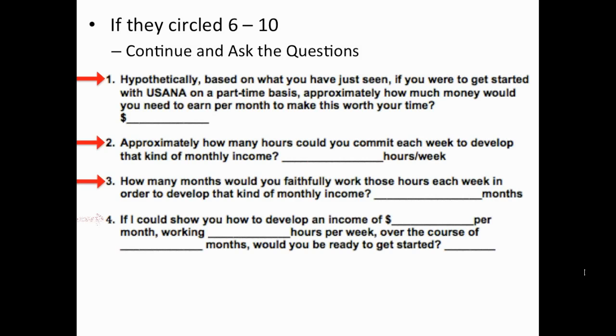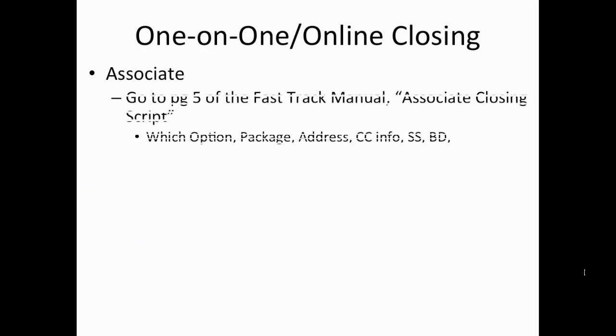So now you've got all that. So if I could show you how to develop an income of $3,000 per month, working 10 hours per week over the course of 12 months, would you be ready to get started? And if the answer is yes, we'll break out the fast track manual, go to page 5, and go through the associate closing script, which goes over the 4 already prepackaged options that they could get.